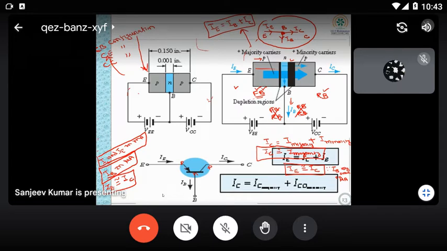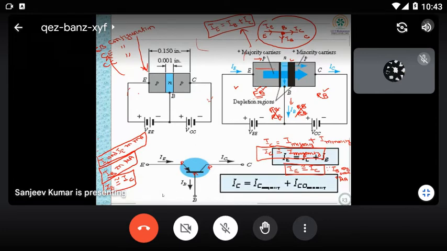But how it is happening, you have to go to the physics level: how many carriers are created, how many carriers you obtain at the collector end, and how many carriers are not able to cross the barrier potential.